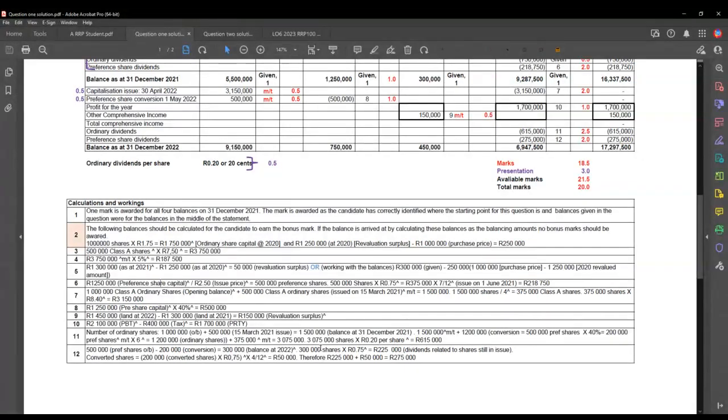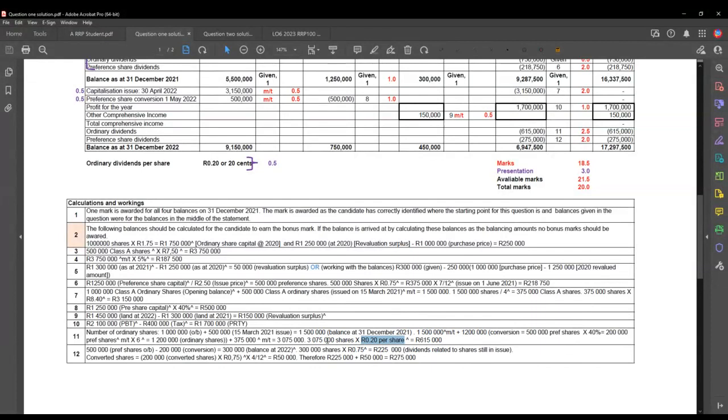So now what we've established is that we have an opening balance of 1.5 million. We added a conversion of 1.2 million, and we added a capitalization issue of 375,000. That gives us 3,075,000. We multiply that by the dividend of 20 cents, and that gives us our final amount.